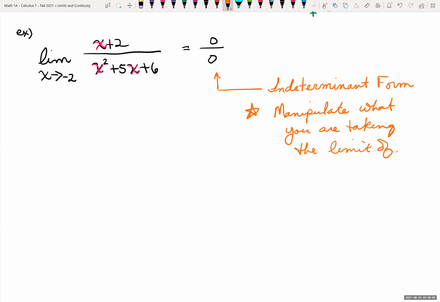If you're getting 0 over 0, that's telling me that basically my denominator and numerator have a factor in common. And again, if we factor our denominator, I have x plus 2 in my numerator, and factoring x squared plus 5x plus 6, remember that was x plus 2 times x plus 3.